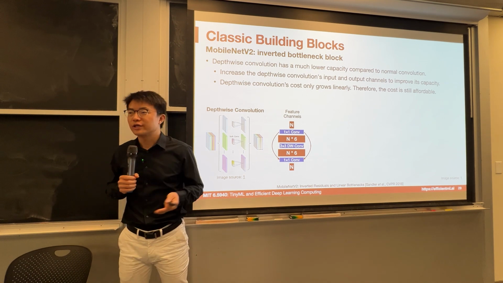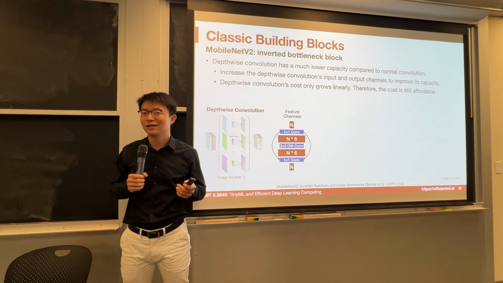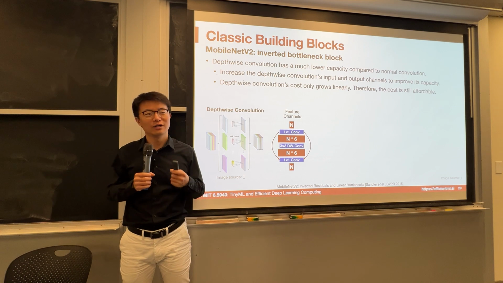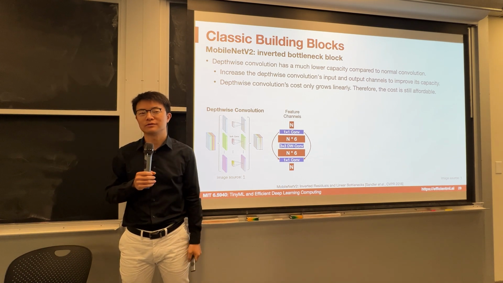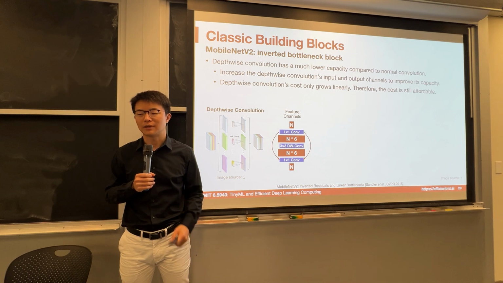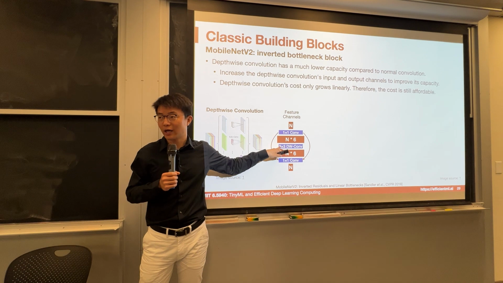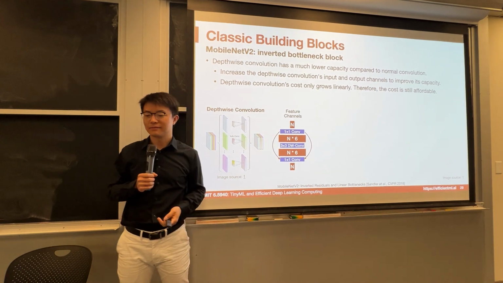To compensate for the capacity, we have to increase the number of channels. This is called the inverted bottleneck, because previously, when we were learning the bottleneck, the 3x3 regular convolution was very heavy, so before that we wanted to reduce the number of channels. But now, the 3x3 depth-wise convolution is very lightweight. The number of parameters is less.